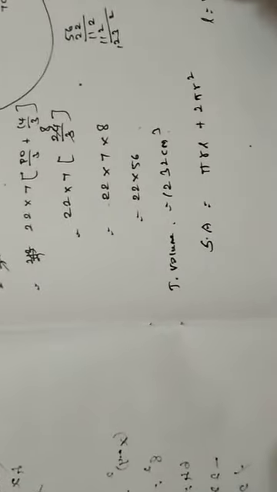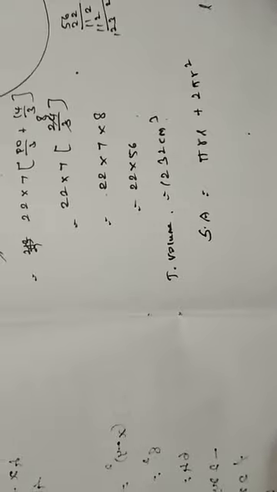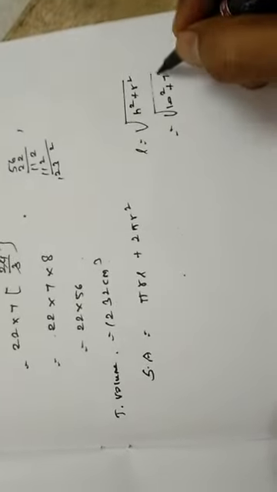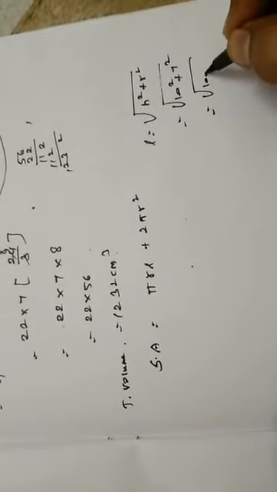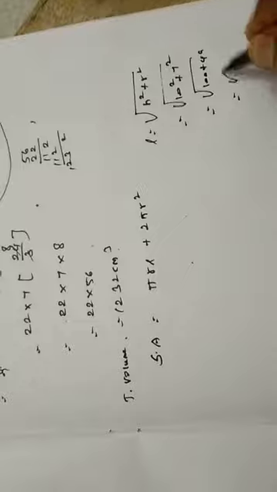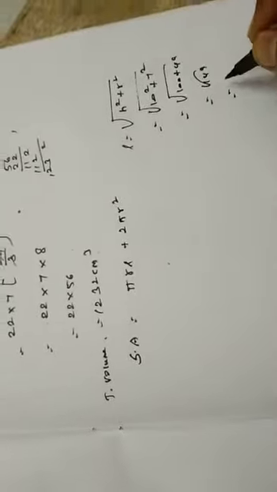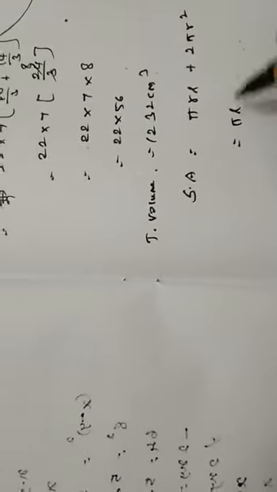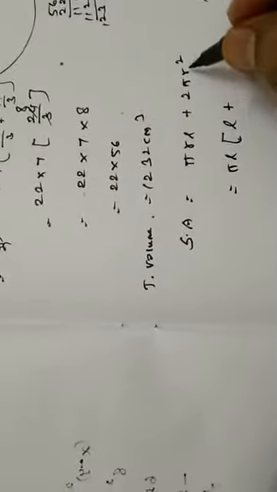So l equal to, we know that root of h square plus r square. So that is h square value 10 square plus r squared value 7 square. So 100 plus 49, so root 149. But root 149 is given as 12.2 in the problem itself. So substitute. So now pi r is common. So l plus pi into r, so 2 into r is remaining.